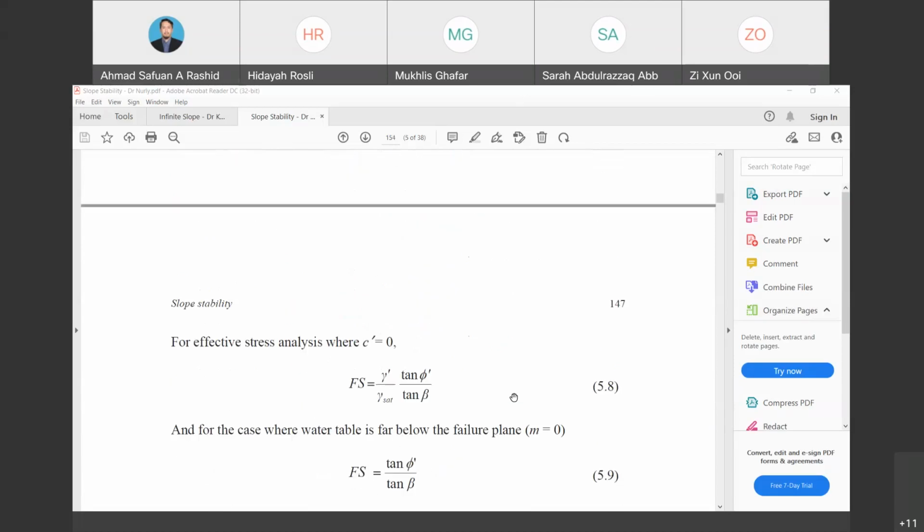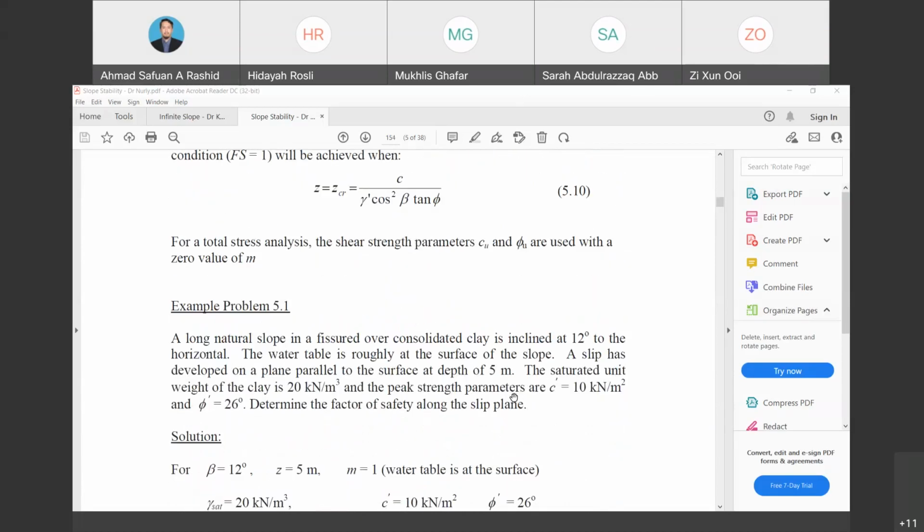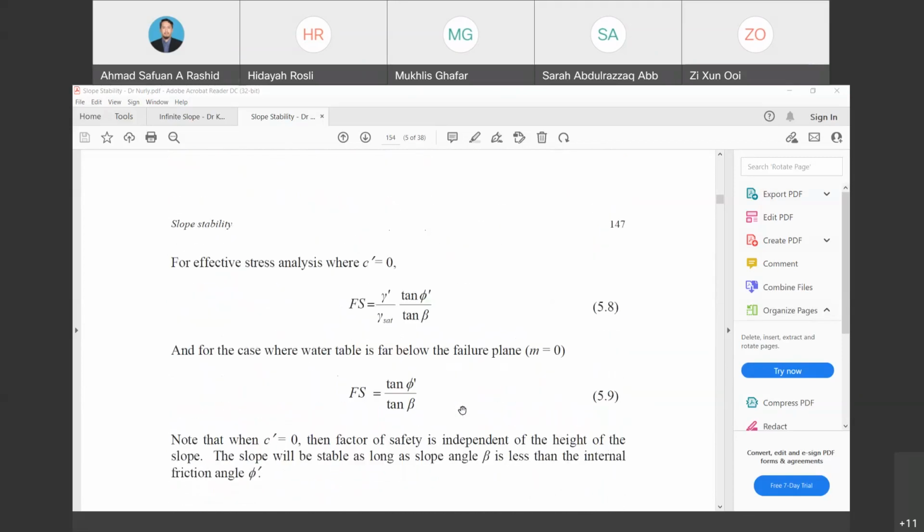For this case, because it is fully saturated, we may not use the value of the gamma B. So gamma B is the gamma of the soil above the groundwater. They call it gamma bulk.